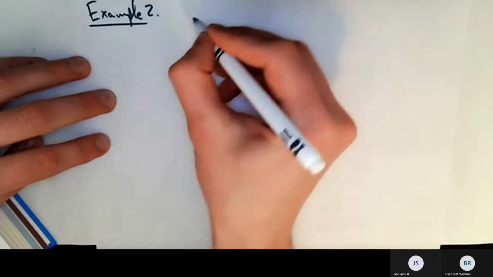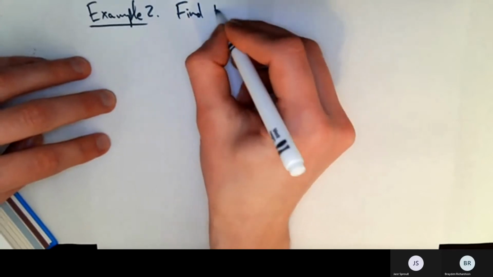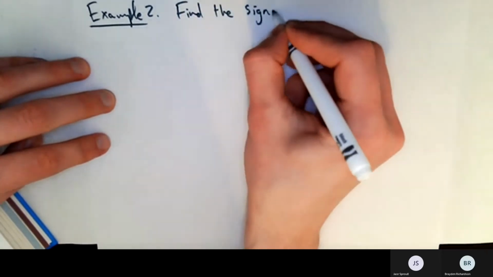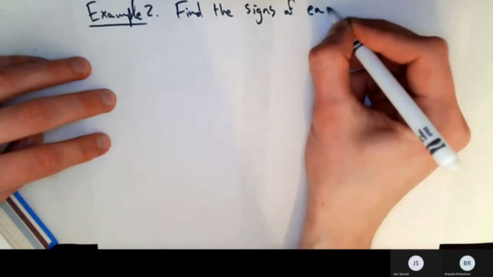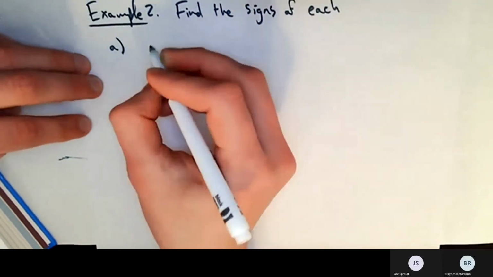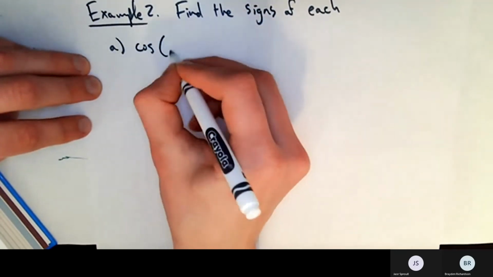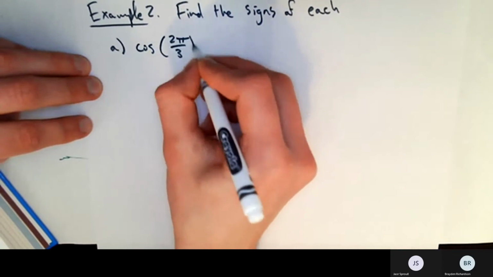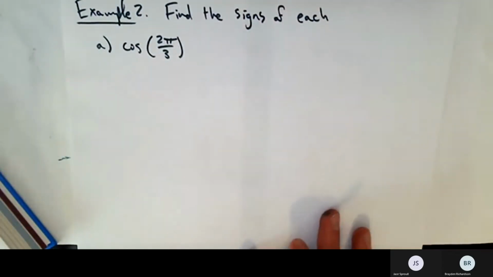Some practice with the signs. Example 2 now. Cosine of 2 pi on 3.